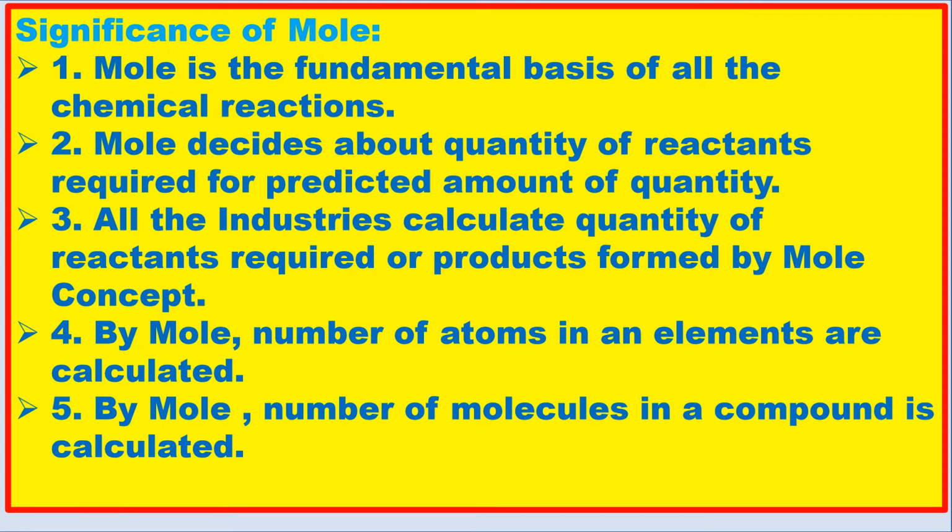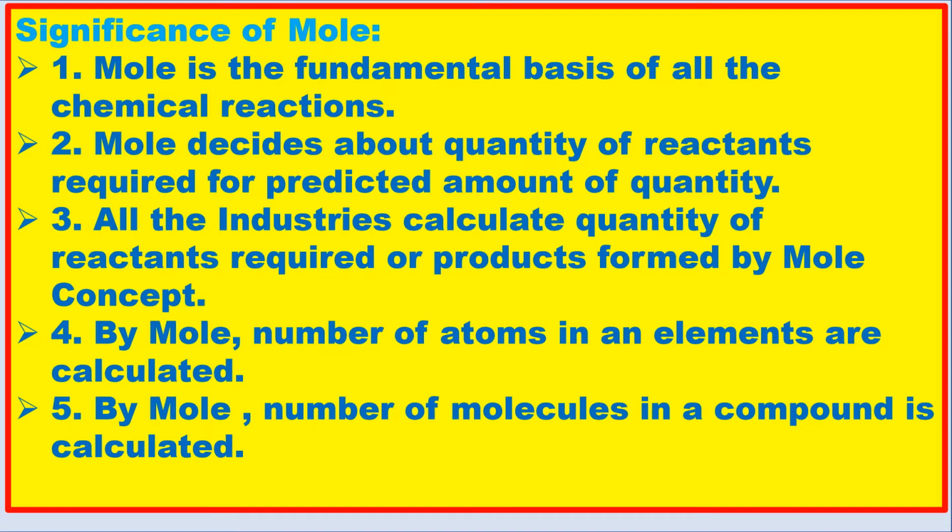So what is the significance of mole? The significance of mole is that it is a very basic unit which decides about each and every aspect of the gravimetric and volumetric exercises. In what way can we get a product, how much quantity of the reactant should be there, and in what way the reaction will take place, and how can we achieve the task.